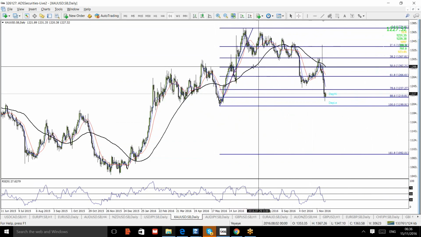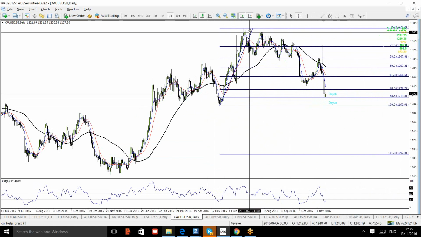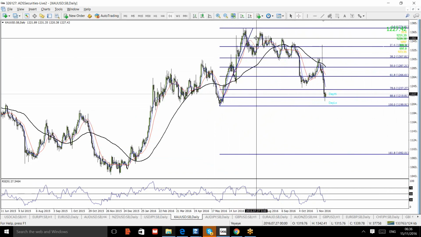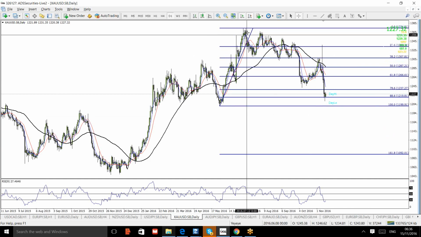This is 50% of this move. This is 38.2% of this move. This is 100% of this move. Does it make sense? Bring clarity, right? You understand what it is? These numbers are percentages of this leg.